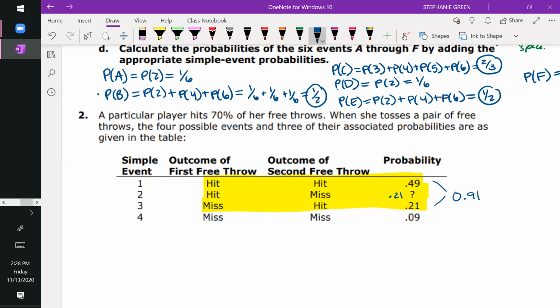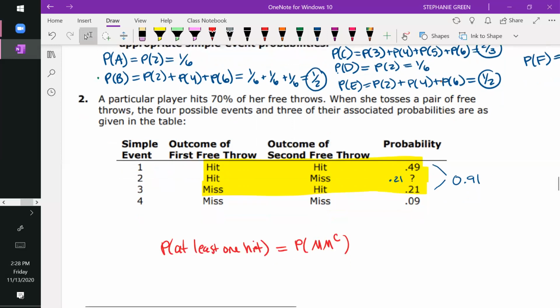We also could have looked at this a different way. We could have said the probability that she gets at least 1 hit is equal to the complement that she misses both times. Think of it. If she doesn't make at least 1 hit, then she's going to be missing both times.